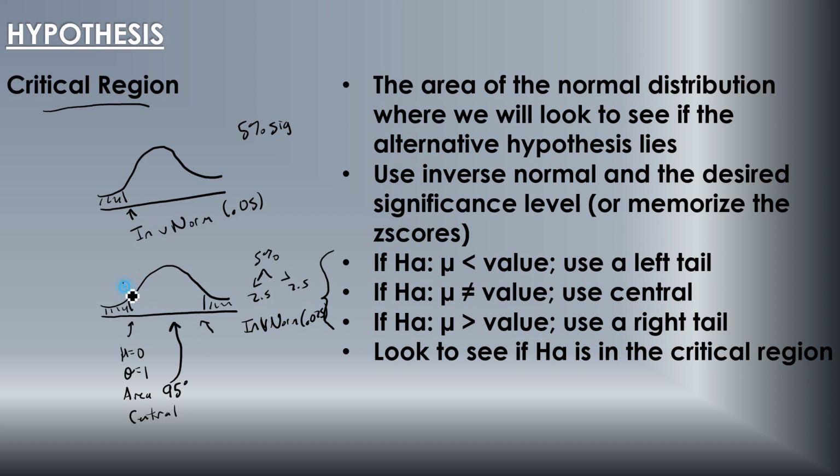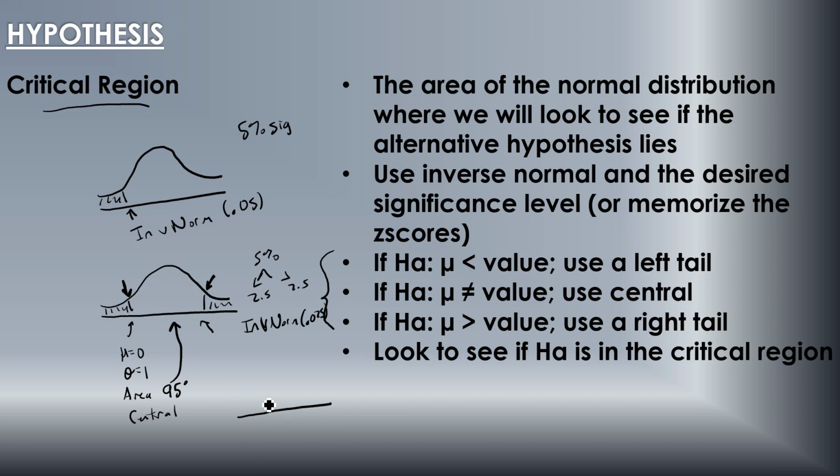That would give you this z-score right here, and then just switch it to positive, and that gives you the one on this side. So we would then be looking for whether our HA falls into that region.